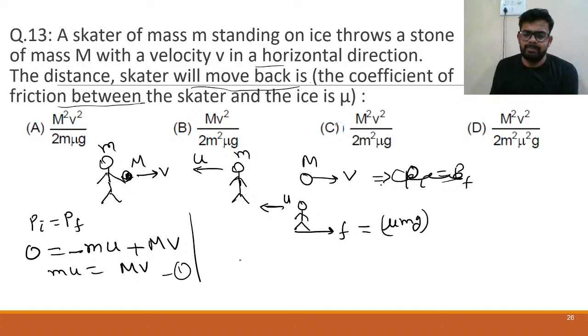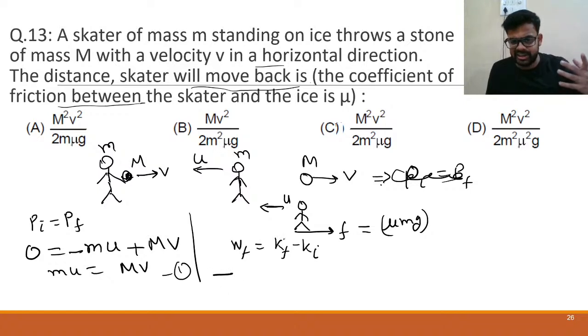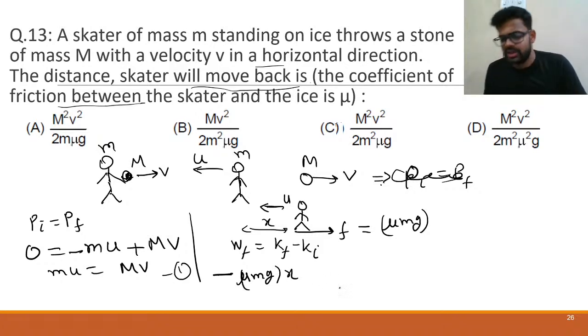So directly I will apply the work energy theorem. Work done by friction is equal to change in kinetic energy. Change in kinetic energy is K final minus K initial. Work done by friction will be negative obviously. I am considering the man will cover a distance x that we need to find. So minus mu m g into x, because F dot s is work done.